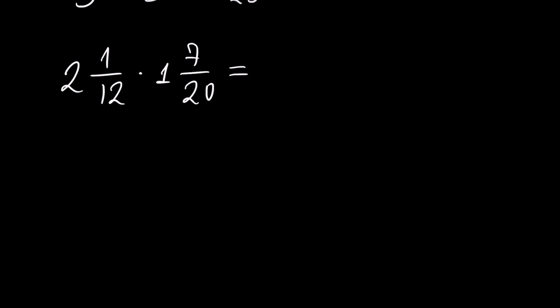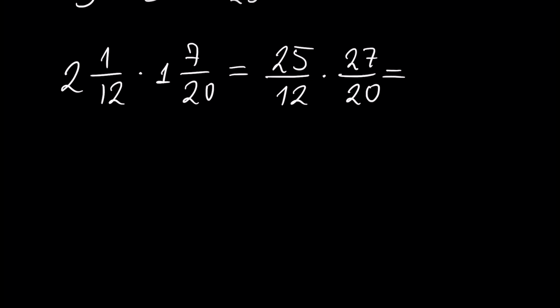The first fraction, when it's transformed into improper fraction, will be 2 times 12 is 24, and 24 plus 1 is 25. So this is 25/12. Second mixed number, when transformed into improper fraction, is 1 times 20 plus 7, 27/20.